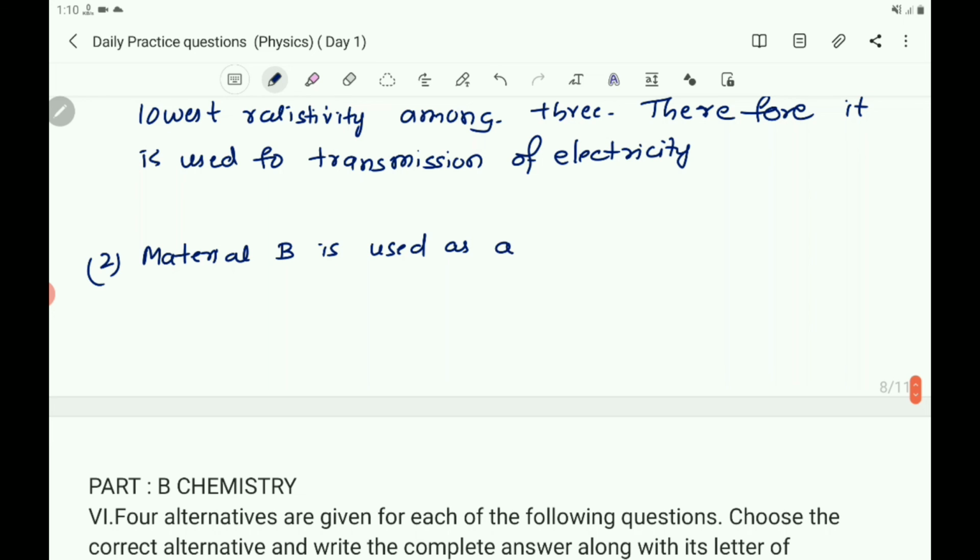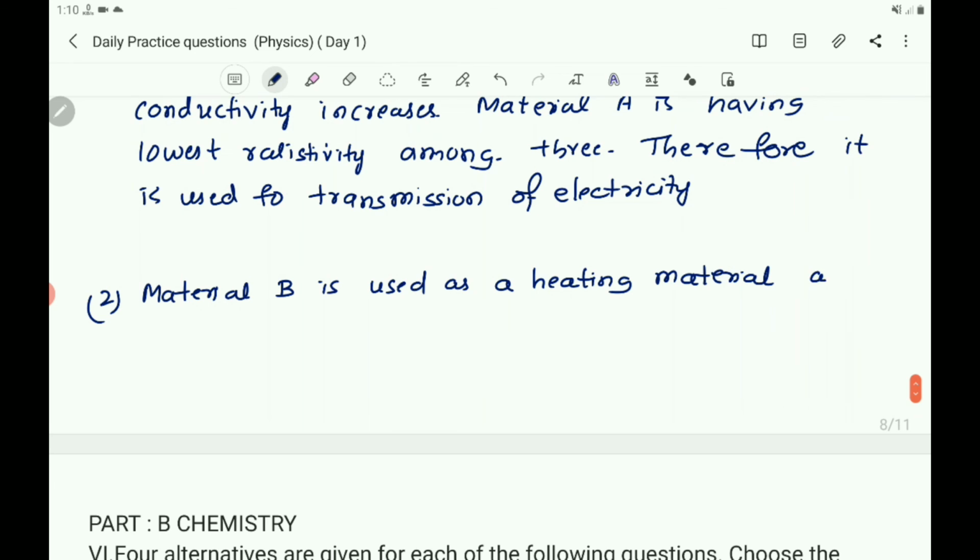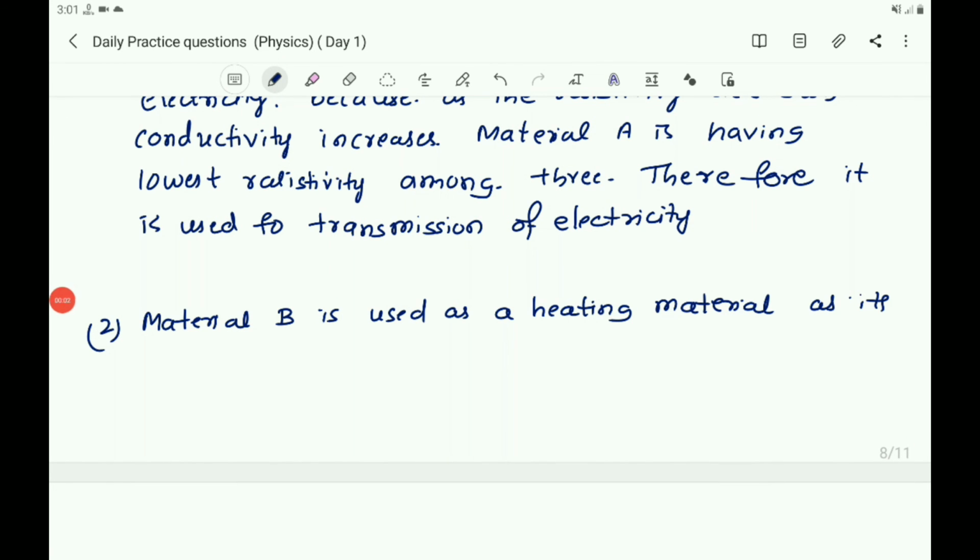It is a heating material as its resistivity is higher, to produce a large amount of heat.